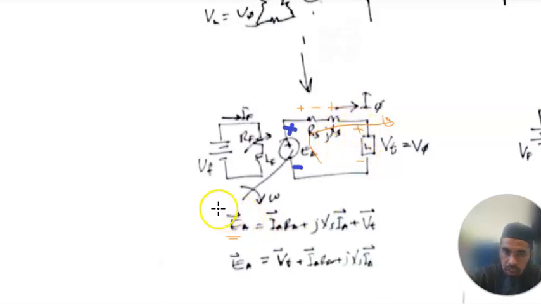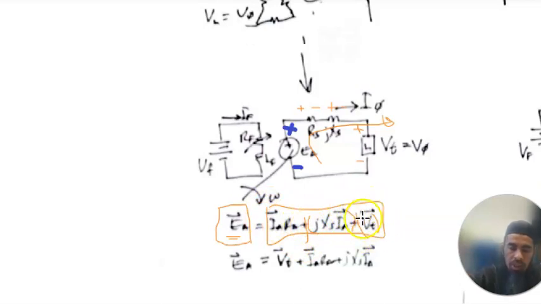So EA is the amount induced into the circuit, and it is dropped throughout IA RA, throughout jXS IA, and throughout VT. This is the equation derived from this circuit.